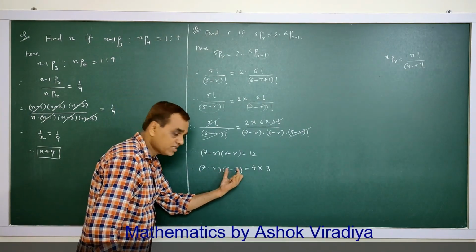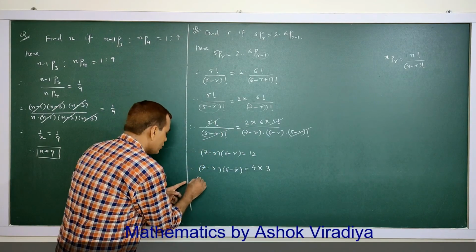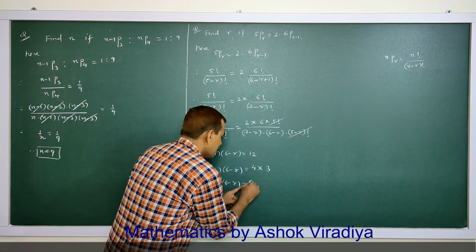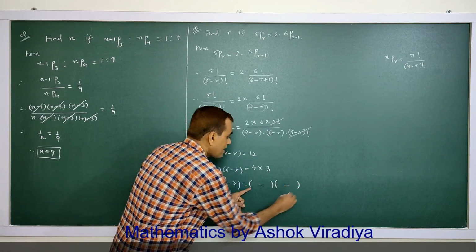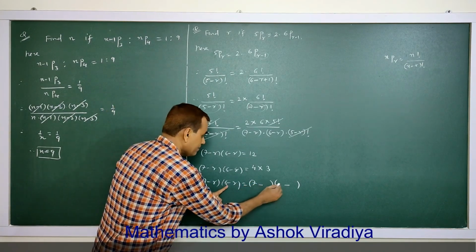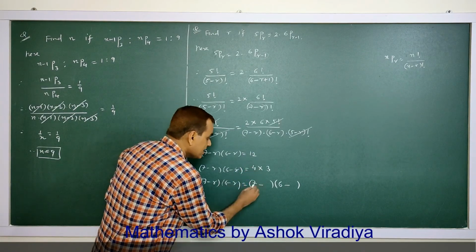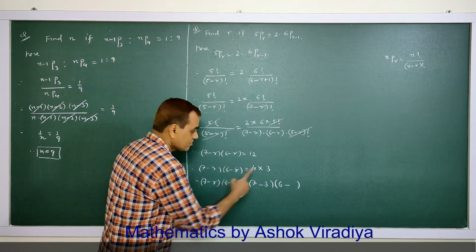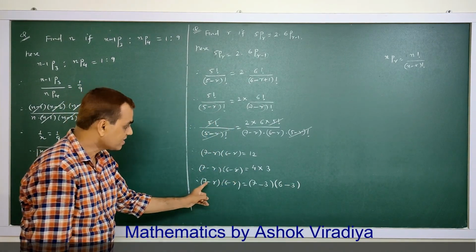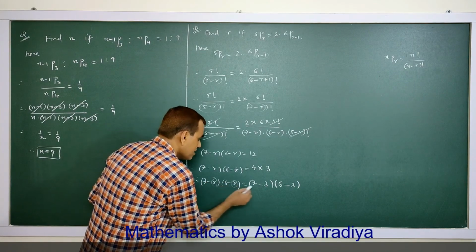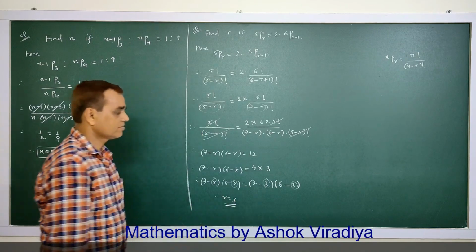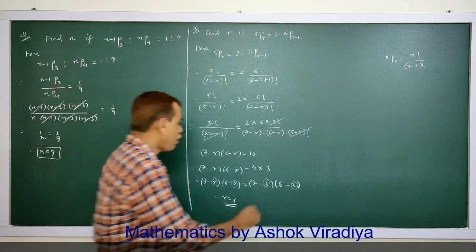So in this case, (7 minus r) into (6 minus r) can be expressed in the pattern of the left hand side. I keep here 7, I keep here 6. 4 is 7 minus 3, this 3 is 6 minus 3. Now compare both sides. In place of r, we are getting 3. This is the first method.